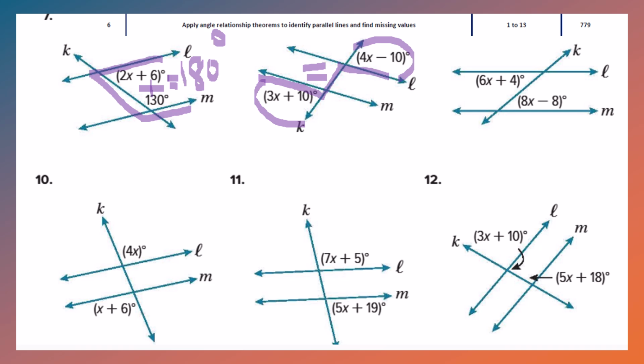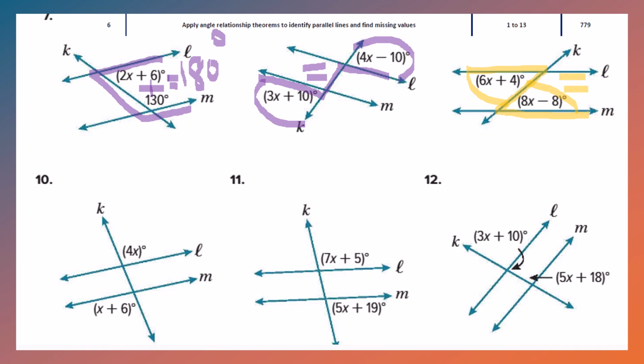Moving on to the next one. This is basically the letter Z, alternate interior angles. When you solve for X, and if these two are equal to each other, we use the equal to each other here.